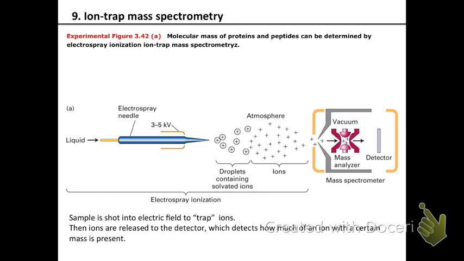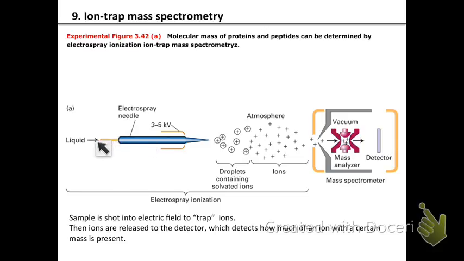All right. There are other ways in which mass spectrometers work. This is another one, called ion trap mass spectrometry. In this case, the mass of the proteins and peptides are determined by electrospray ionization. So remember, in the first case, the ionization was done through a laser, and in this case, it's by spraying it out through this electrospray needle.